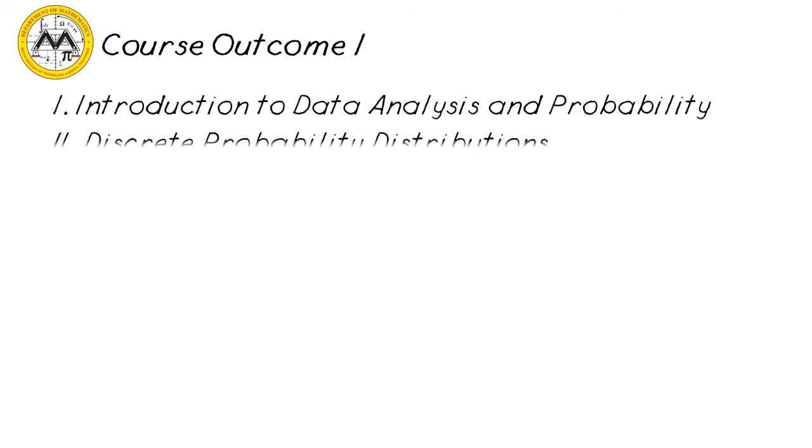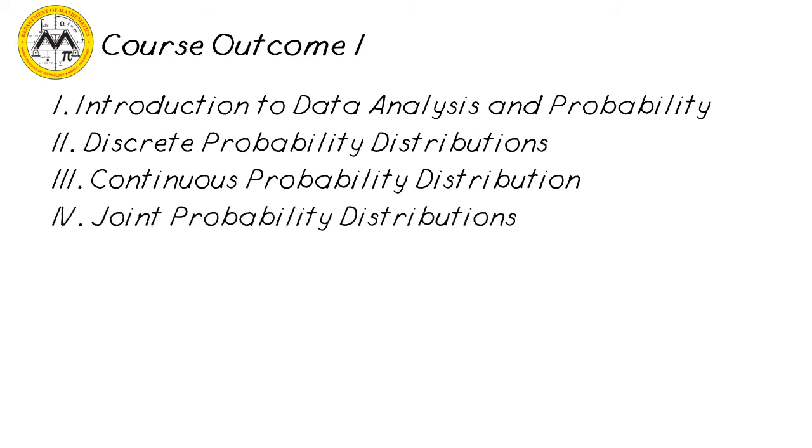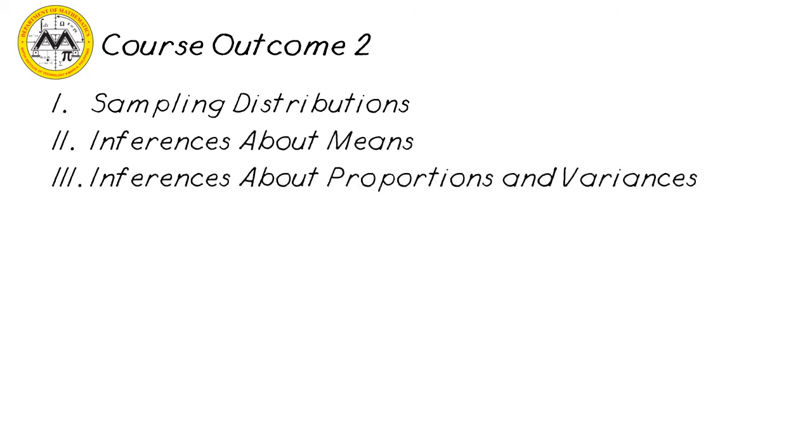For course outcome 1, which would cover the topics in data analysis and probability, we have the discrete, continuous, and joint probability distributions. For course outcome 2, it would be about inferential statistics. So that would include sampling distribution, estimation and testing of hypotheses about means, proportions, and variances.